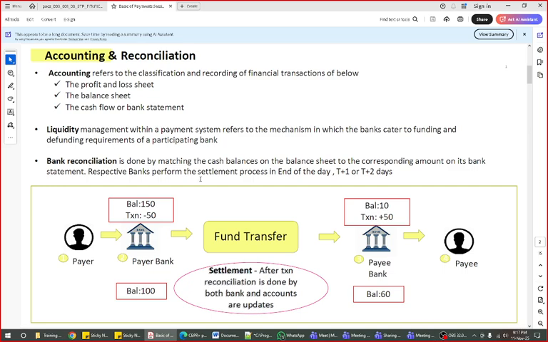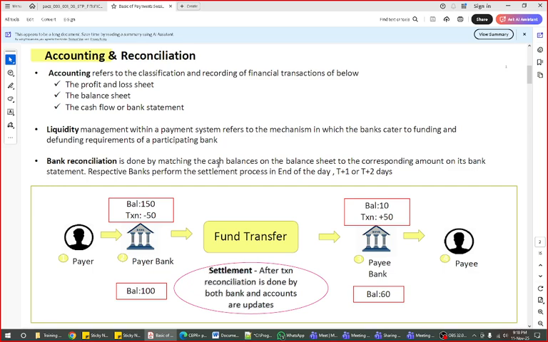So what does the bank do in the reconciliation part here? Depending on the time, whether it's T+1 or T+2, it will transfer the funds. Currently in India the cheque system is also going to be replaced by same-day processing, but initially it was T+1 or T+2 depending on the settlement cycle and processing in India.